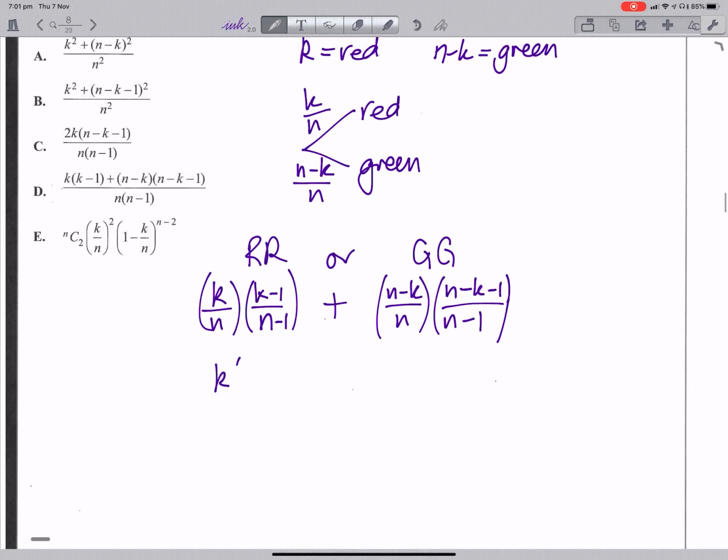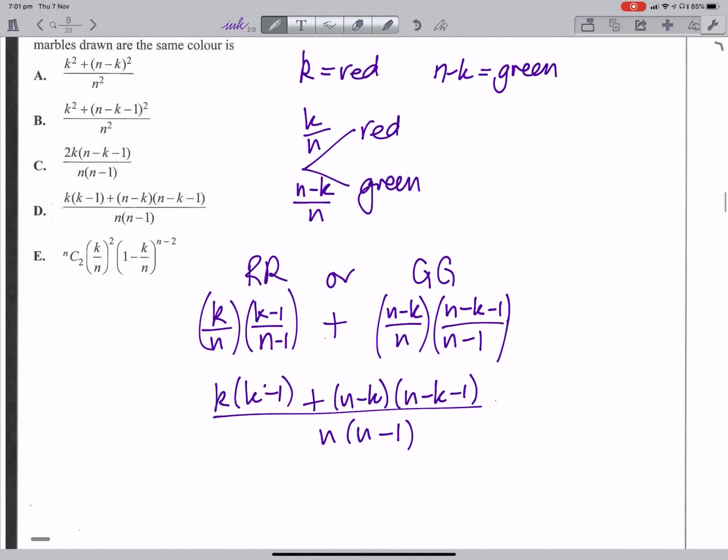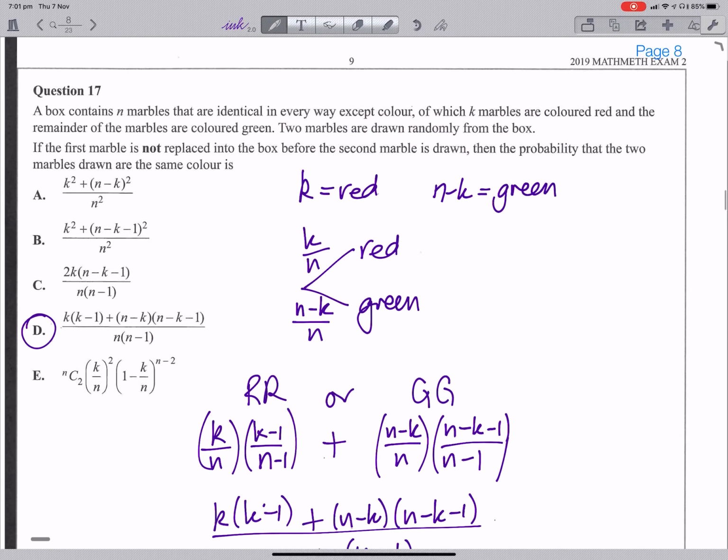Okay, so here I've got k minus 1. They've both got the same denominator, n minus 1, plus n minus k minus 1. So chuck it in the k. Oh no, we don't need to chuck it in the k's. It is D. Hopefully I didn't stuff that up. It looks nice.